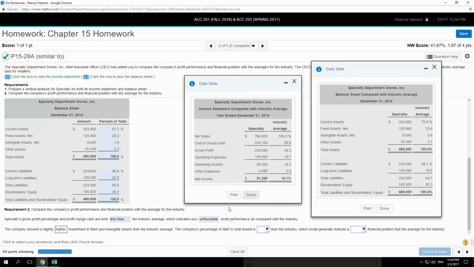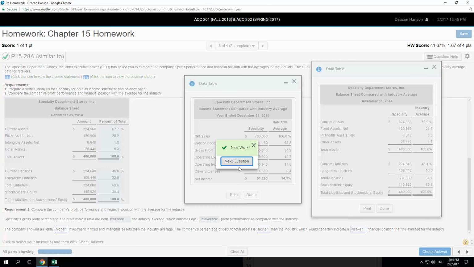So let's see. And the company's percentage of debt to total assets, so that would be here. Total liabilities would be 69.6 versus the industry of 64.7. Okay, that is higher than the industry, which would generally indicate a weaker financial position because the company is more leveraged. And we got it.